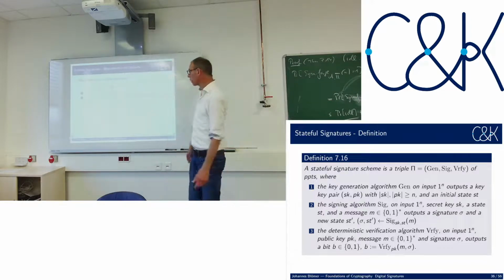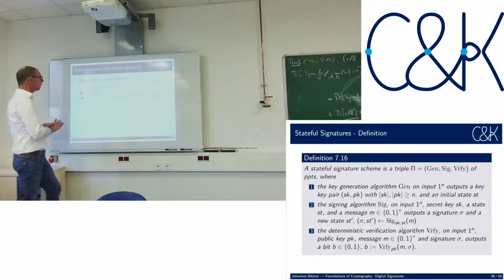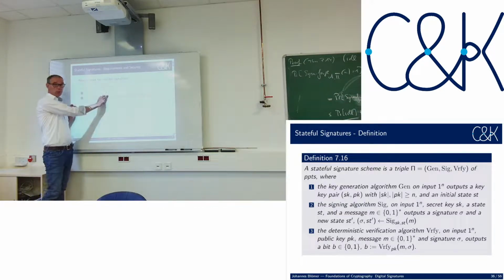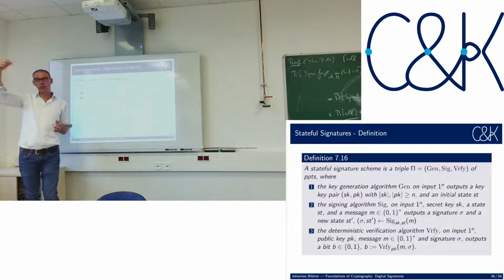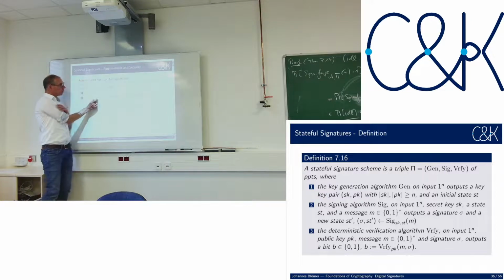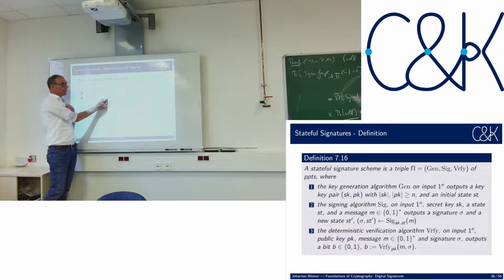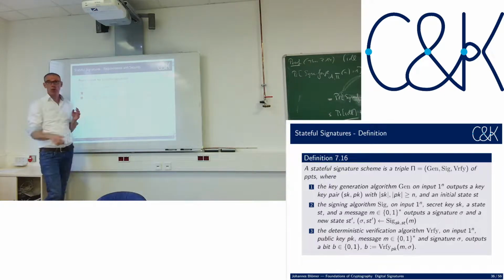And what we require for stateful signatures is the usual correctness requirement. And we require that the state doesn't grow too fast. So if you already started out with a state, then you want the new state to grow only by an additive term, which depends on the length of the message that you signed times some polynomial.